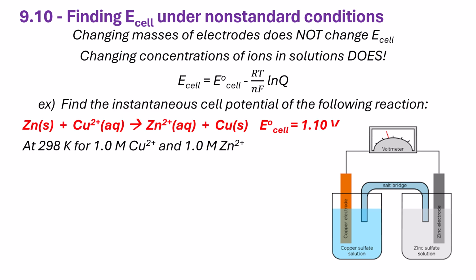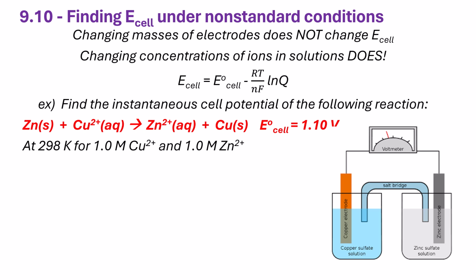But this is the equation that kind of does it for us. So if you're given this question, find the instantaneous cell potential of the following reaction. And it gives you the reaction there between copper and zinc that's shown in the picture. It gives you the standard cell potential for this cell is 1.10 volts. It says we're at 298 kelvins and we are at concentrations of 1 molar for both the Cu2 plus and the zinc 2 plus.